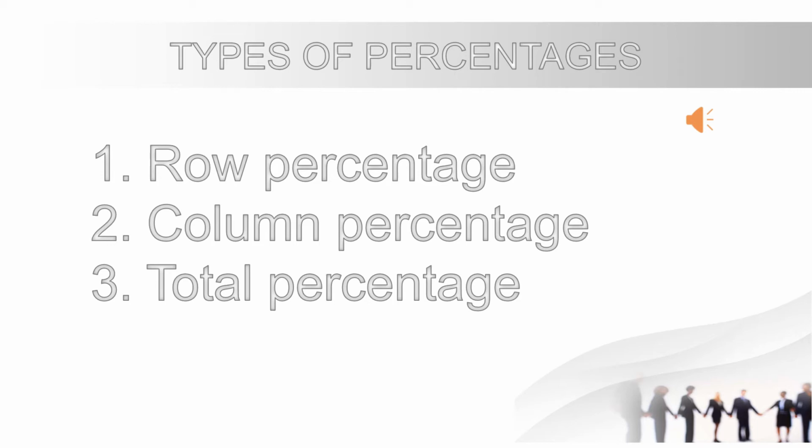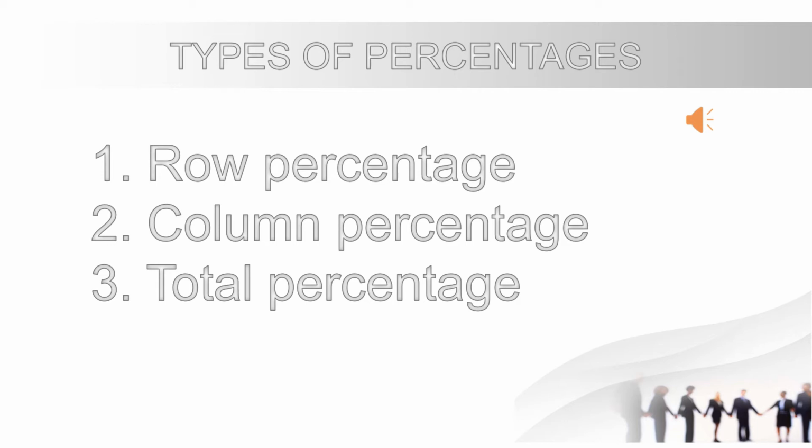For example, in 45 to 54, you have 43.6, meaning those aged 45 to 54 have a strongly favorable attitude towards uranium mining.